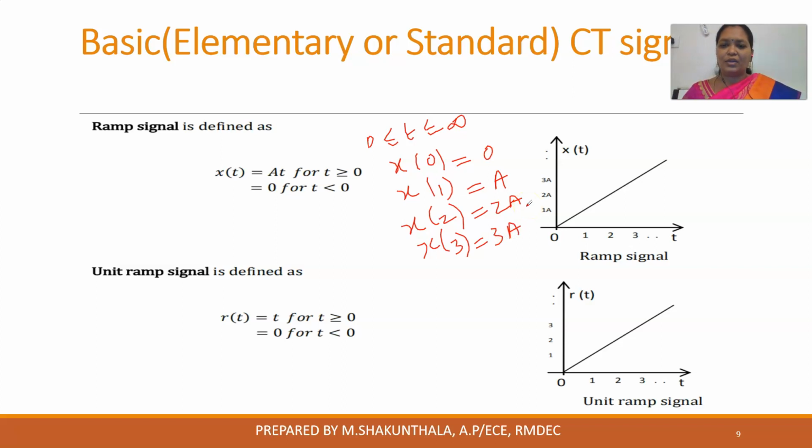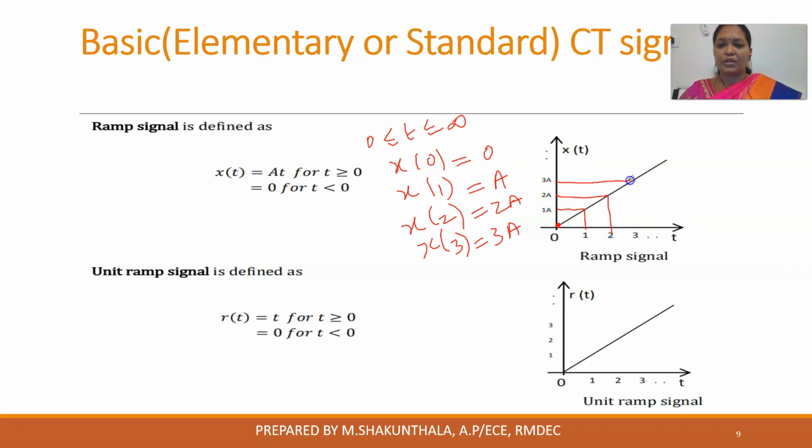t takes values from 0 to infinity. Only a few set of values we can take and then we can plot and continue the signal up to infinity. We can just draw the rough diagram. So for t equal to 0 the amplitude is 0. For t equal to 1 the amplitude is 1A. For t equal to 2 the amplitude is 2A.